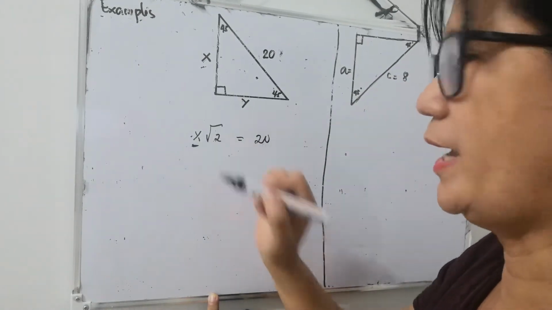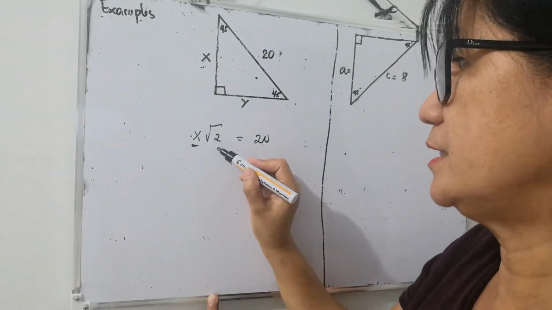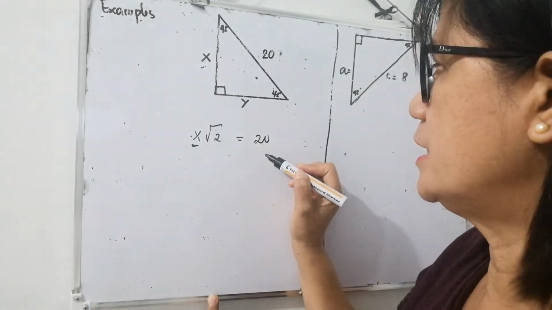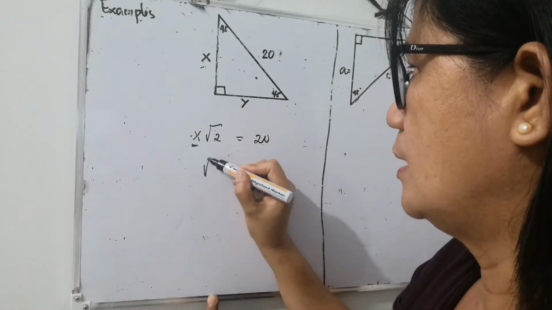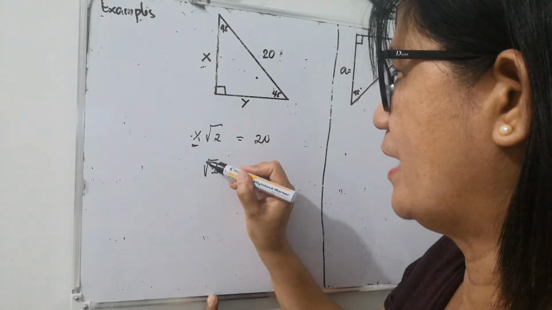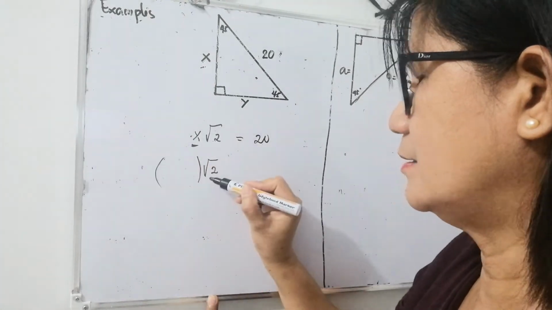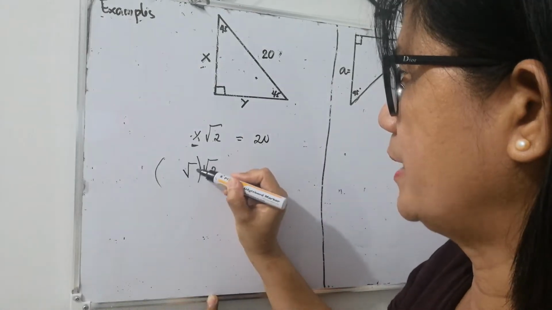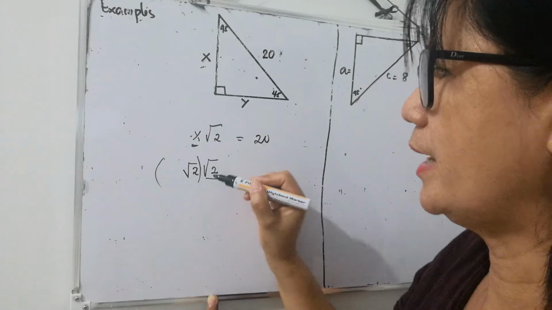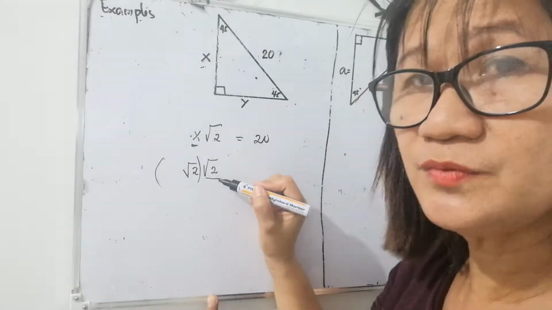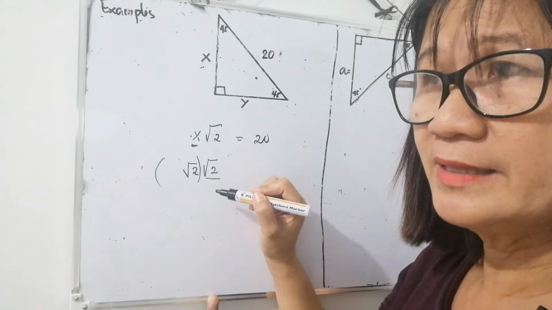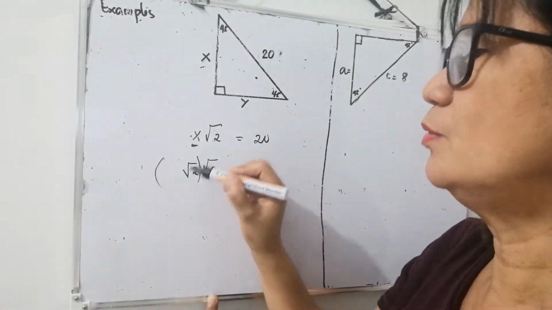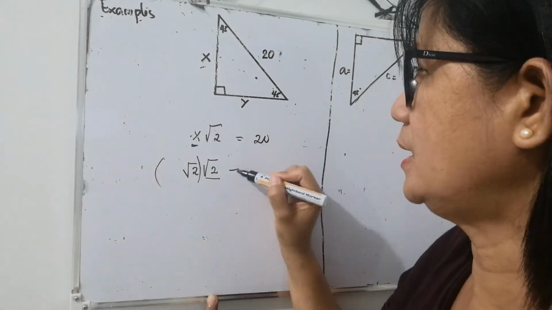Ano kaya itong x? Na kapag i-multiply natin sa square root of 2, magiging 20. So, in order to remove that radical expression, we need to multiply it by the square root of 2. Okay? The square root of 2 times the square root of 2 is square root of 4, right? And that is equal to 2. Ano yung multiply mo sa 2 para maging 20?